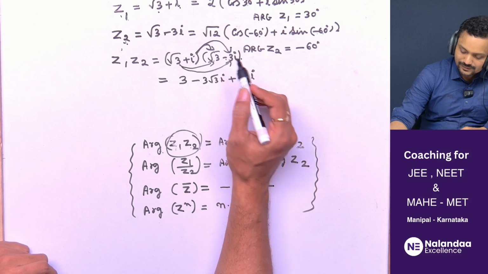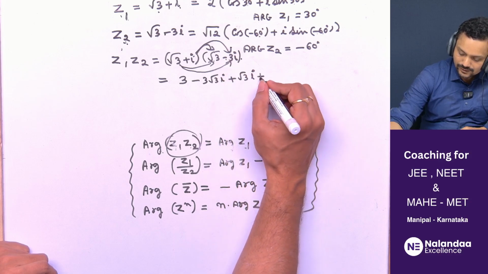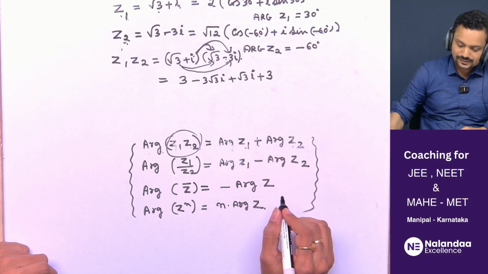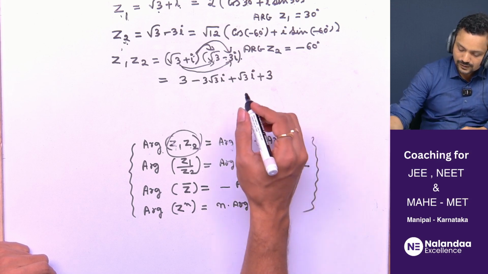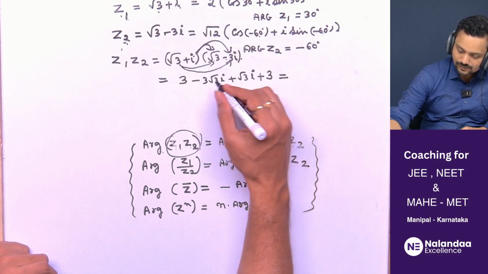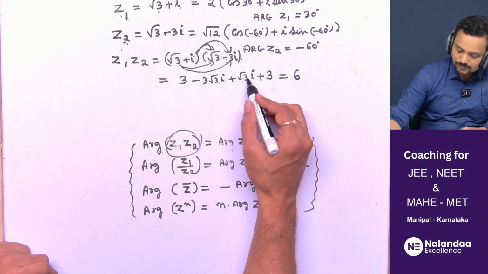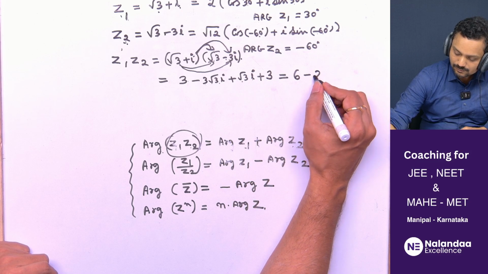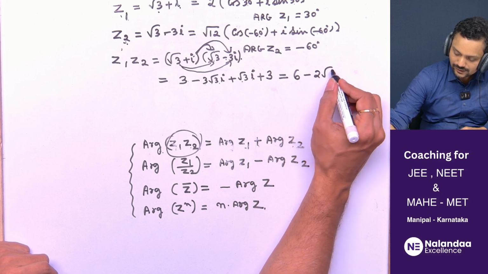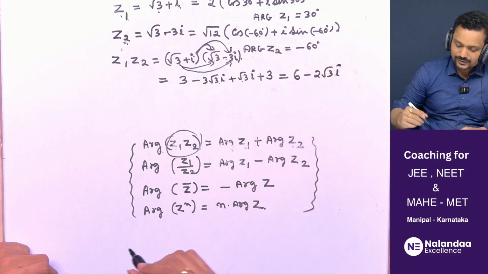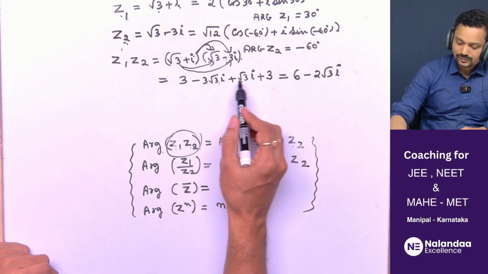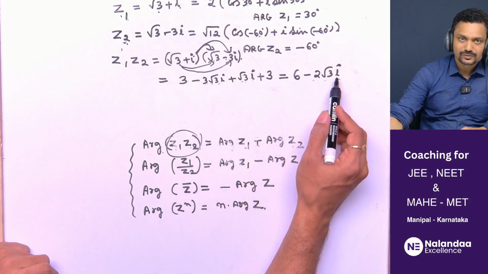With this minus it will become plus, so this will become plus 3. This complex number will become 6 minus 2 root 3 i. So you can check this, students: minus 3 root 3 plus root 3 is minus 2 root 3.